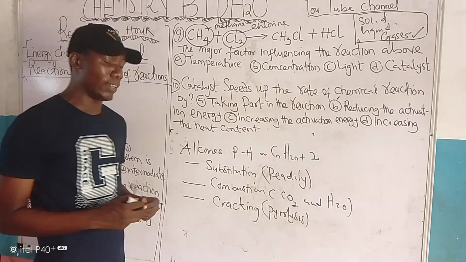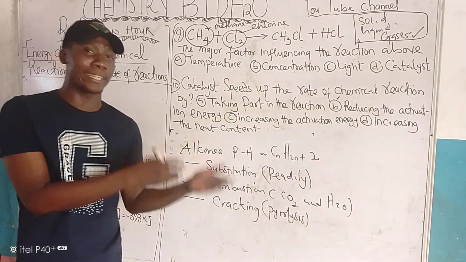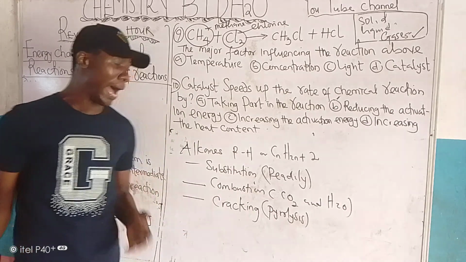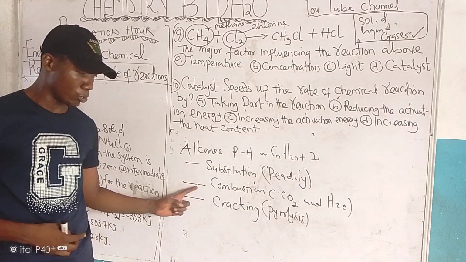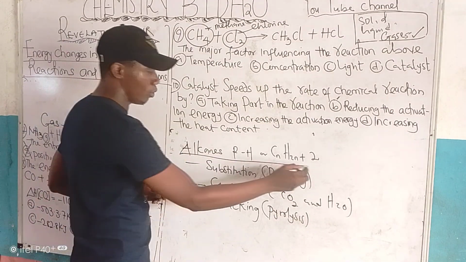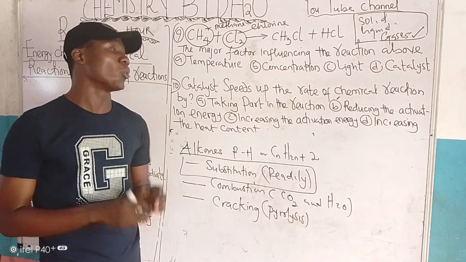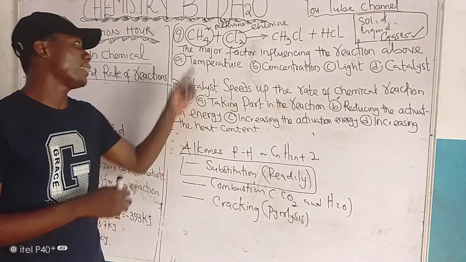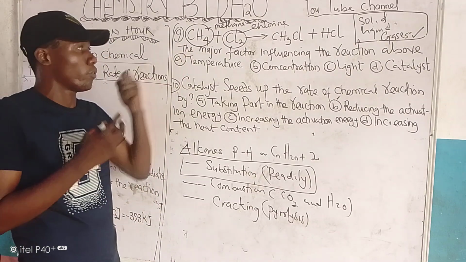Cracking means the breaking down of large organic molecular alkanes into simpler alkane and hydrogen. So the reactions that alkane usually undergoes are 1, 2, 3. But the one that is peculiar to alkane is this one. Take note of that. So alkane readily undergoes substitution reaction. And here is the typical example of a substitution reaction of alkane.